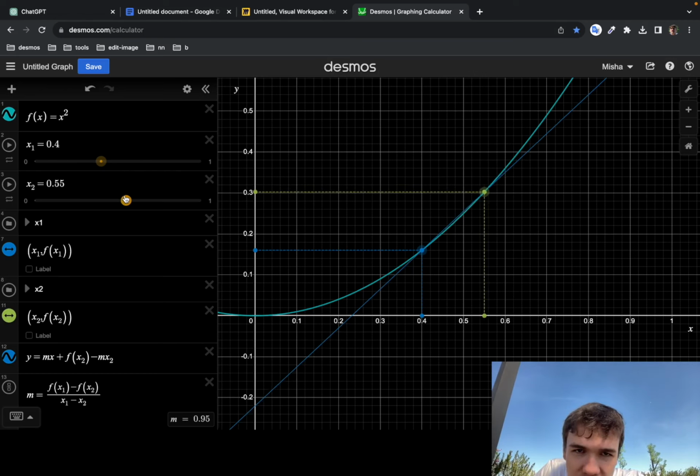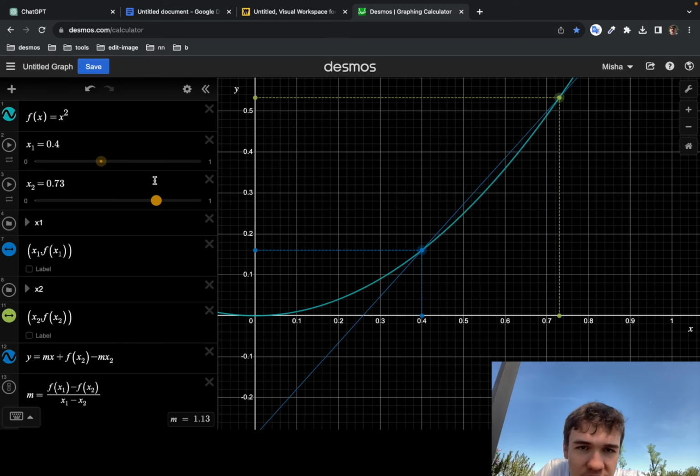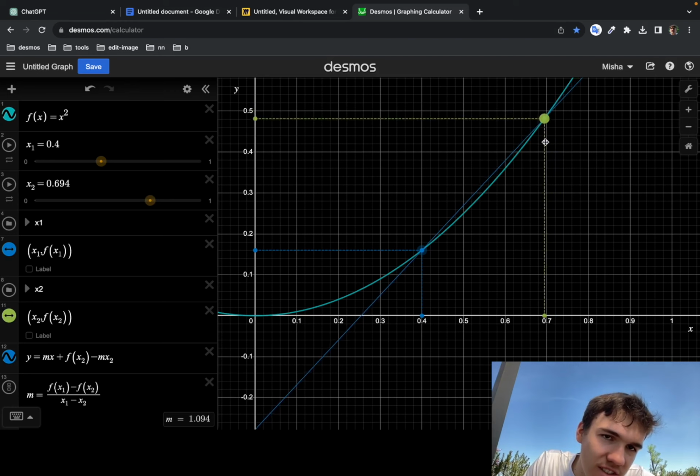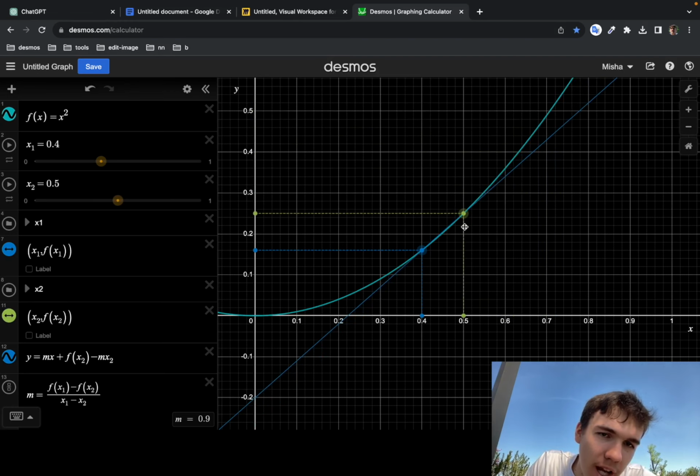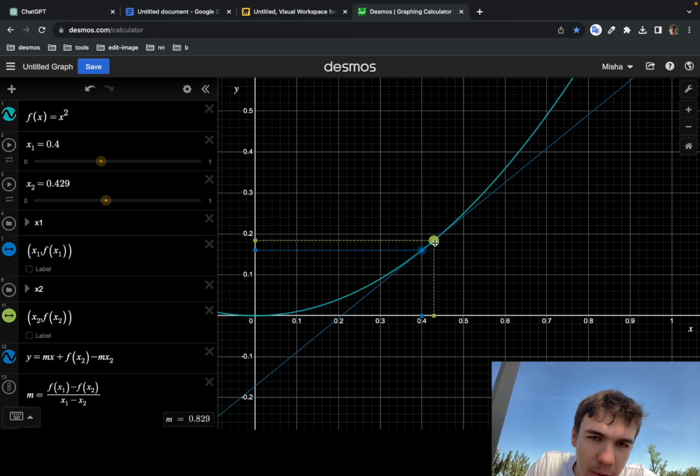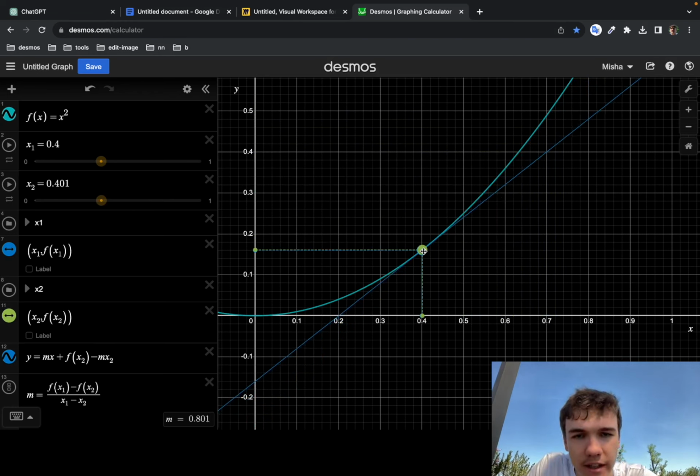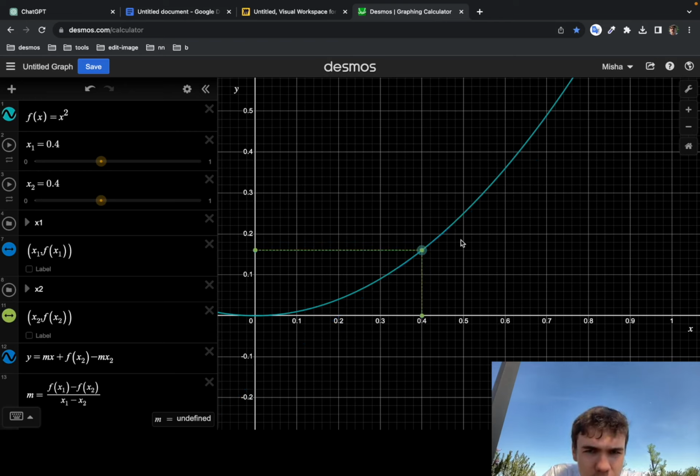I will slightly go. You see, now I have a secant line, right? This is the secant line. Now I want to make my secant line slightly smaller, lower, until I get into this point. And if I get right into this point, it vanishes. So why did it vanish?